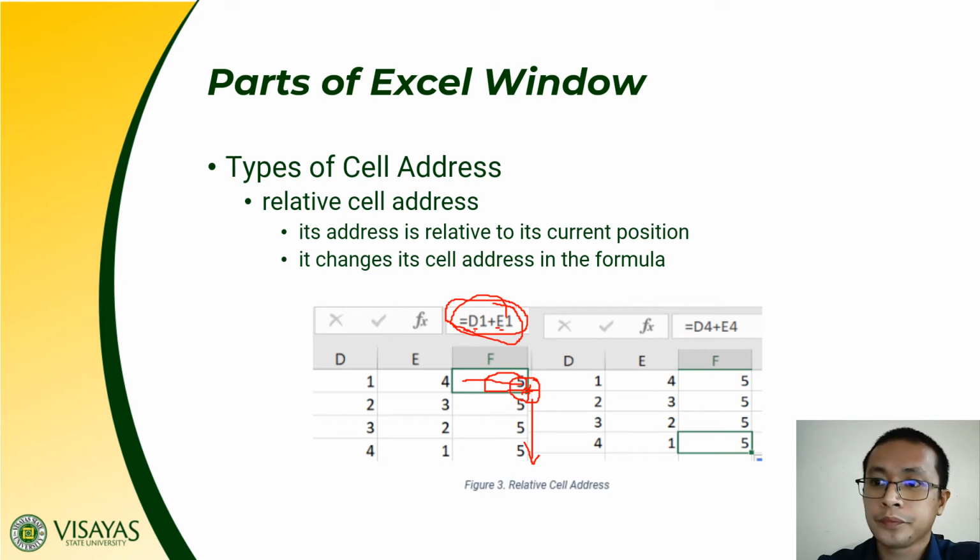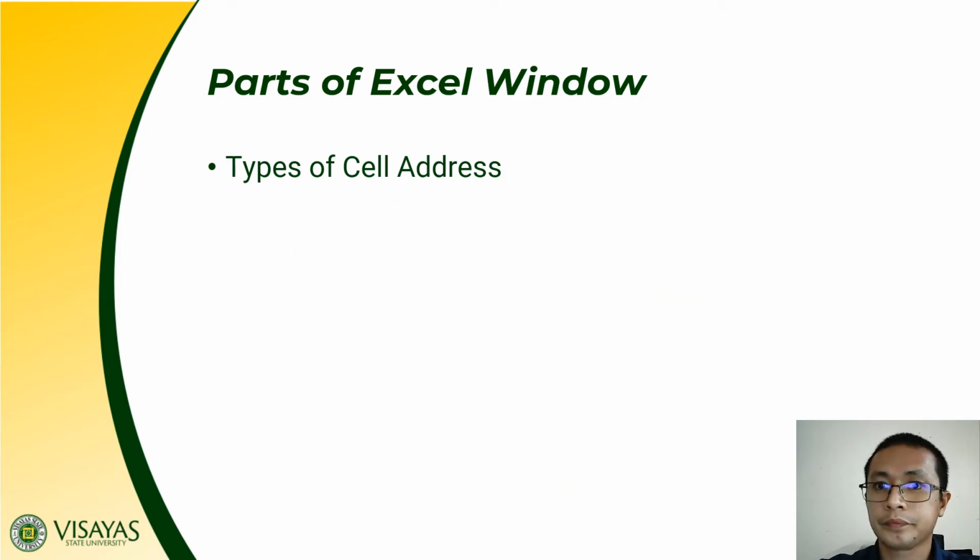Meaning to say, its cell address changes the moment we apply the formula to other cells to perform the computation. So this is what we meant by a relative cell address. Its address is relative to its current position, and it changes from the moment we apply the formula to other cells. That is how a relative cell address looks like. It consists of a column name plus a row number.